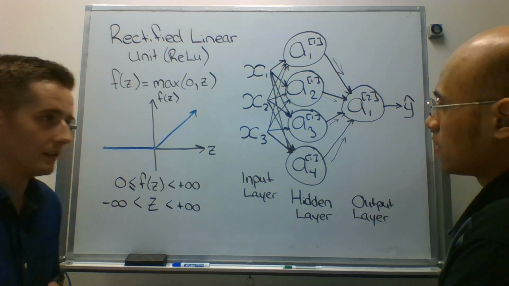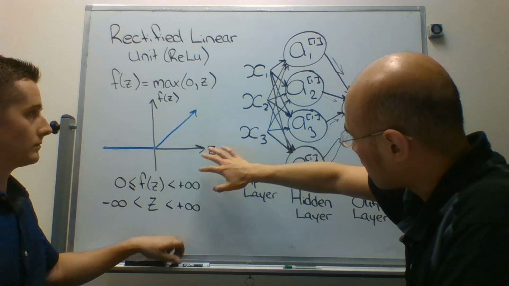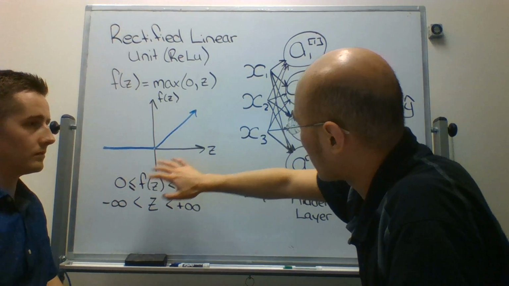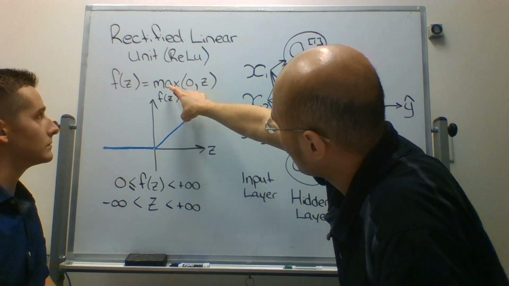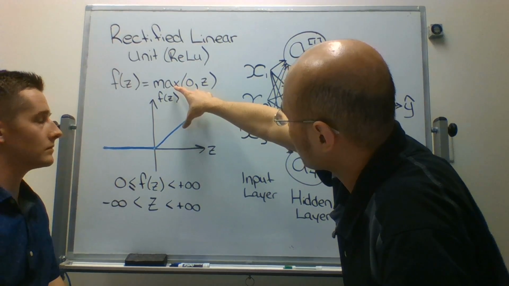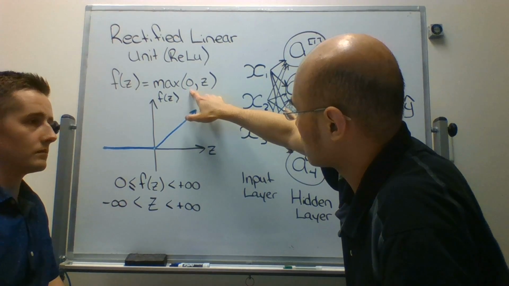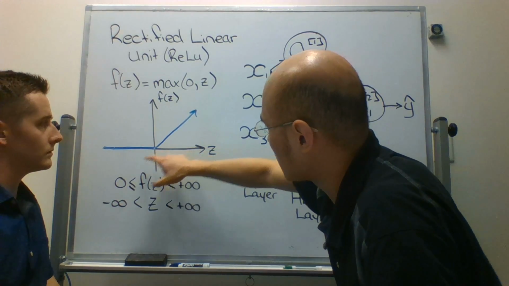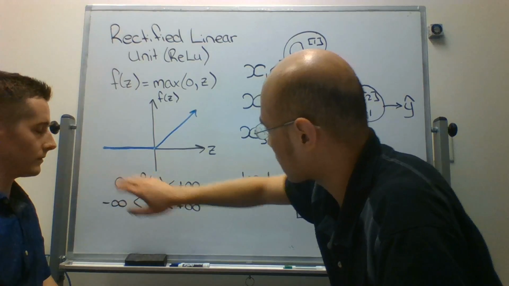This function looks like the identity function, f of z equals z, except that because the minimum has to be 0, when z is negative, f of z is 0. It can't be any negative value.